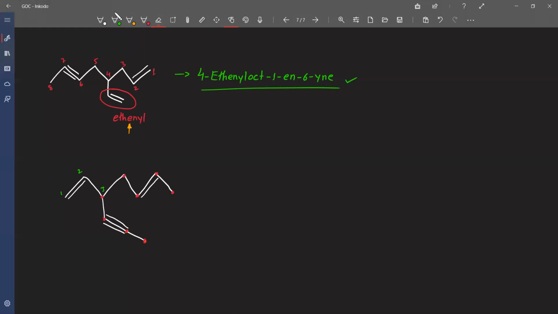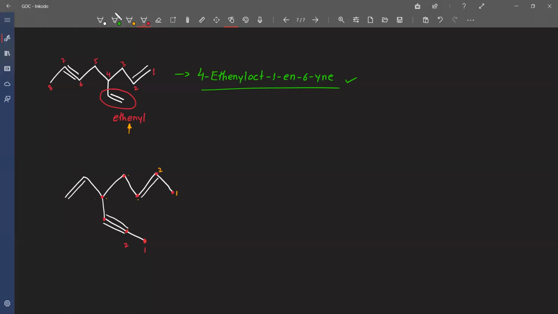Actually, you have to select the longest chain. So this is the longest chain. Now I have to start giving them numbers. If I start from this side, it will get position 2. If I start from this side, even then it will get position 2. Right? Then I have 3, 4, 5. And if I start from this side, I will have 3, 4.